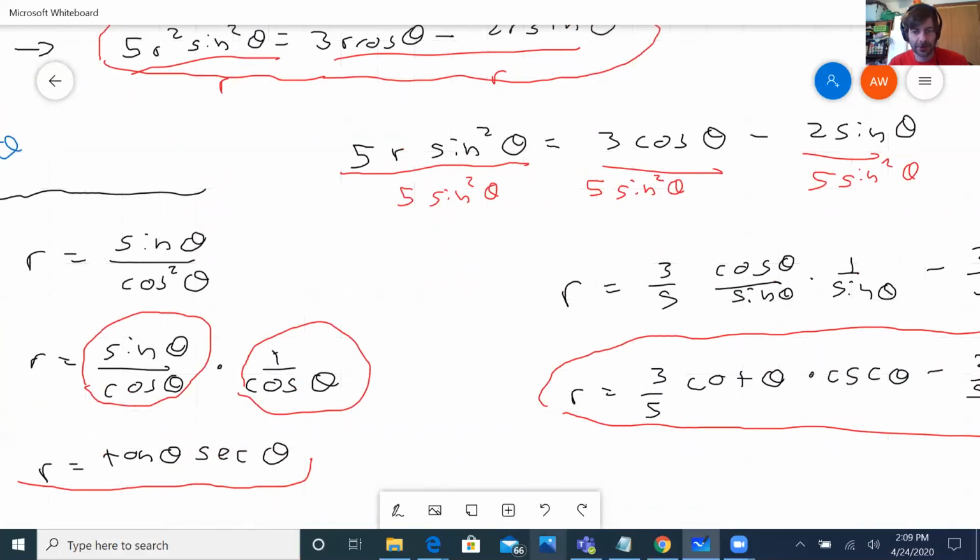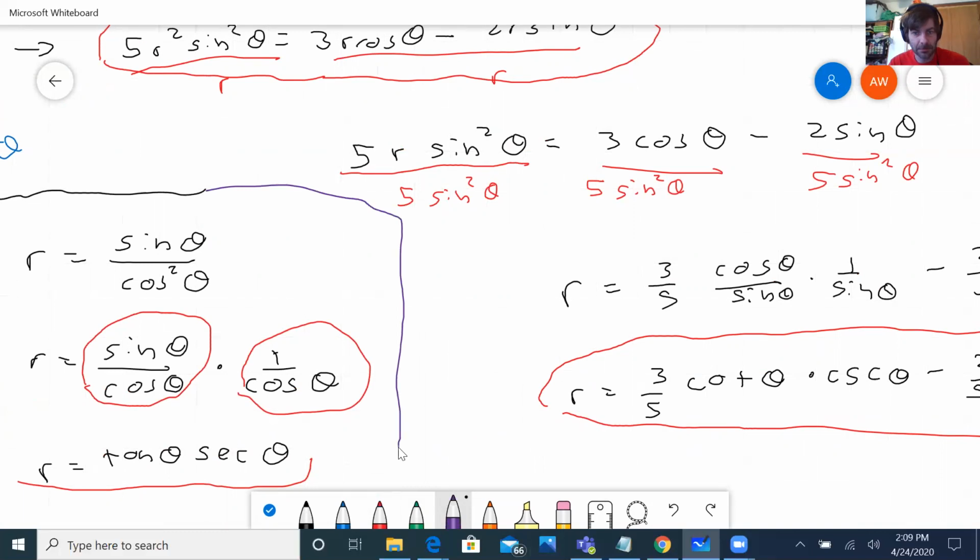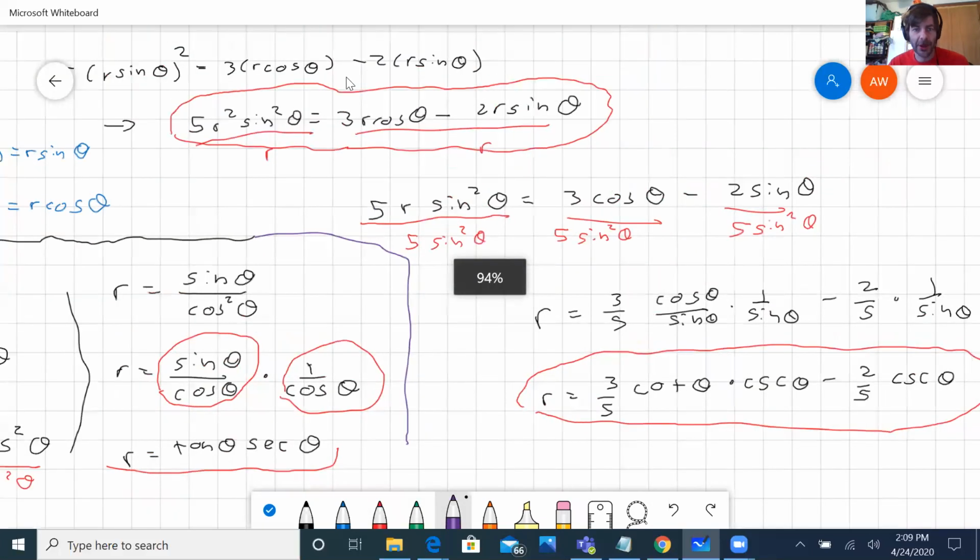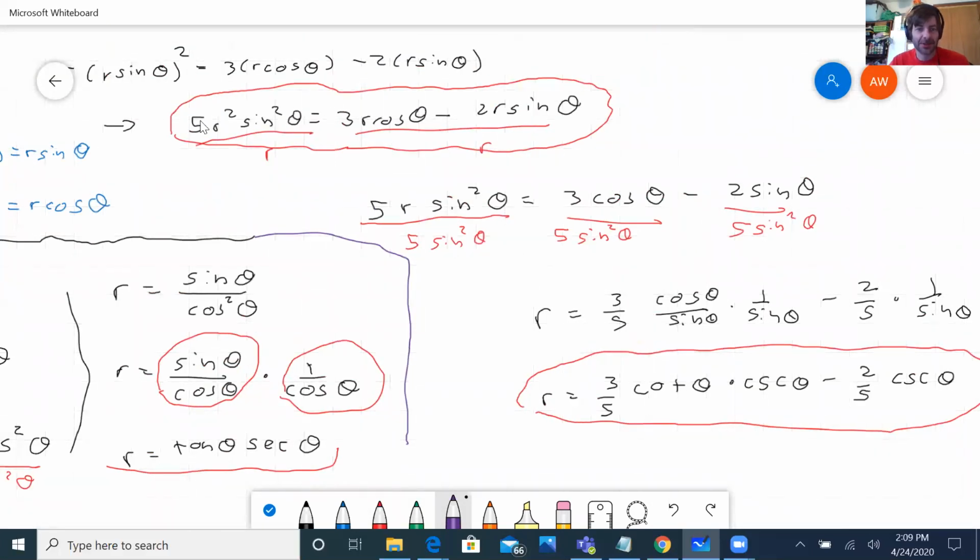Okay, let me draw a little line here and go back over what I did. After I did all these substitutions, the first thing is I had an r common to everything, so I was able to cancel that off. Then I wanted to finish solving for r, so I divided everything off.